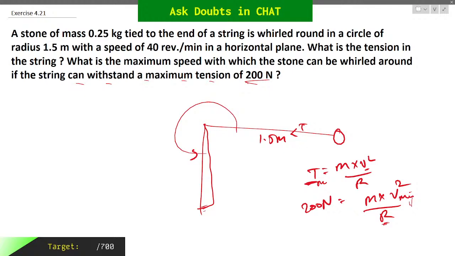As per the question, the string can withhold a maximum of 200 Newton. If you replace it with a bigger, much stronger string, then the centripetal force can go much higher as well. So the limiting part here is the string.